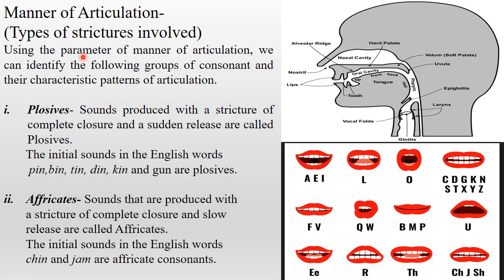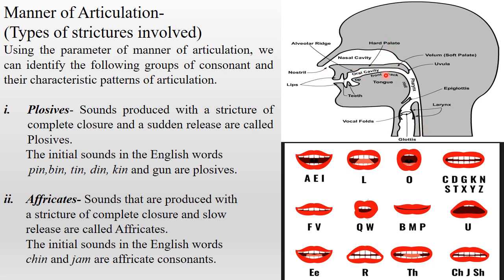Next, let us see the manner of articulation. It means the types of strictures involved. Using the parameter of manner of articulation, we can identify the following groups of consonants and their characteristic patterns of articulation. Okay, so the stricture is the way in which the air is obstructed.